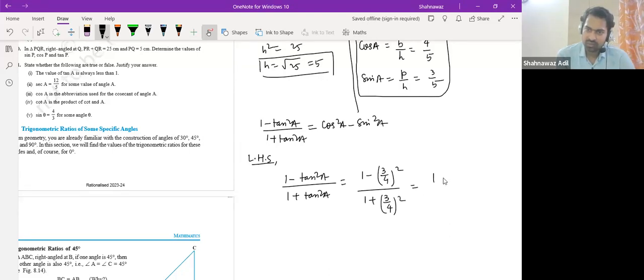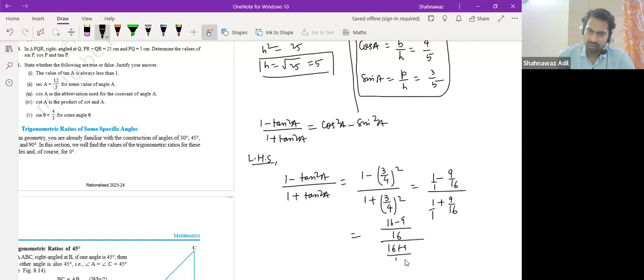So this is 1 minus 9 by 16, and 1 plus 9 by 16. We take the LCM, and it becomes 16 minus 9 and 16 plus 9 over 16. So 16 cancels, and this is 7 by 25, right?